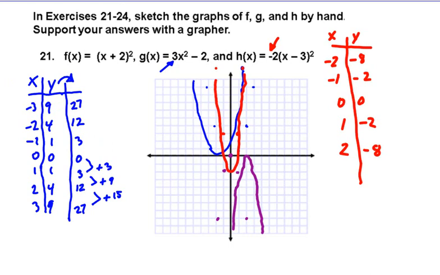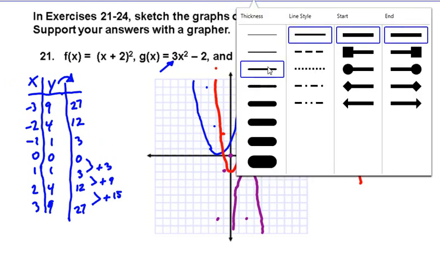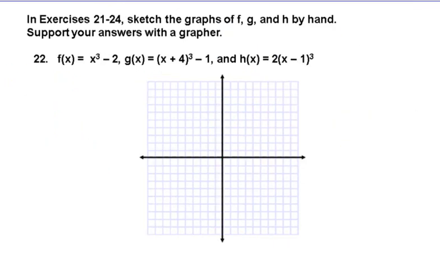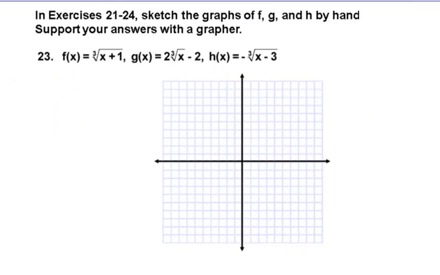Now, next we're going to go to the next problem, which is 23. And here we have a cube root function. f(x) equals the cube root of quantity x plus 1. For the cube root function, I'm going to sketch basically what it is first of all.